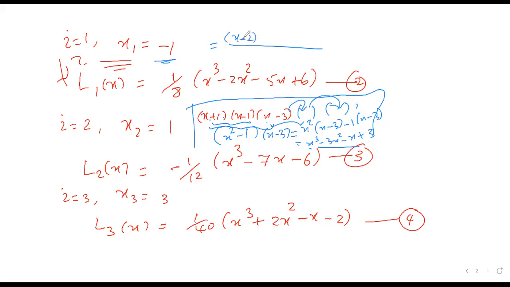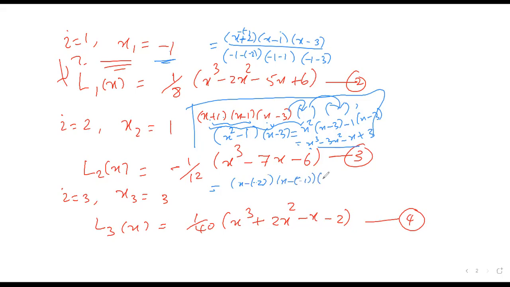Sorry, minus into minus plus 2, so you better put minus minus. Then x minus 1 I need to avoid, so I need to go for the next one, x minus 1, x minus 3, I guess. So here I need to put minus 1 minus minus 2, and minus 1 minus 1, minus 1 minus 3. That's all. For the L2 case you need to avoid the 1, so you have to put x minus minus 2, x minus minus 1.